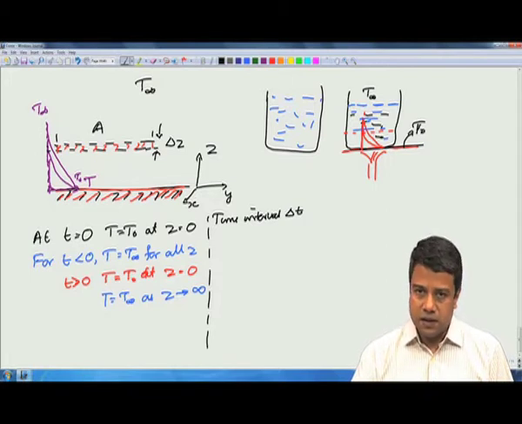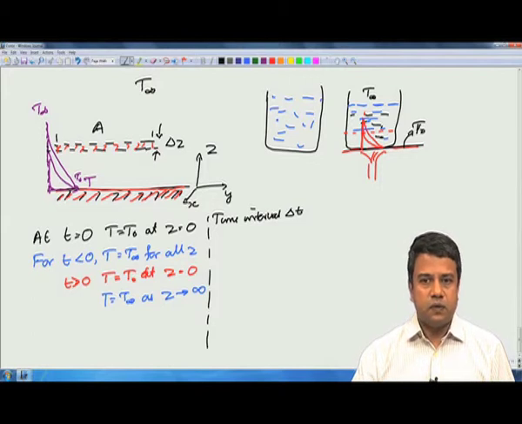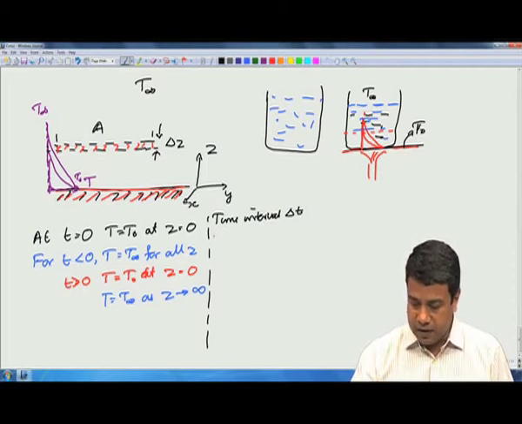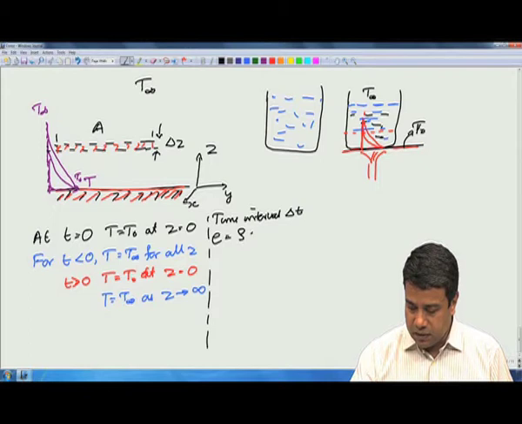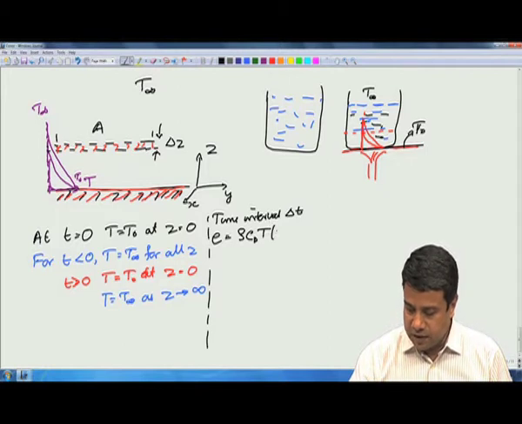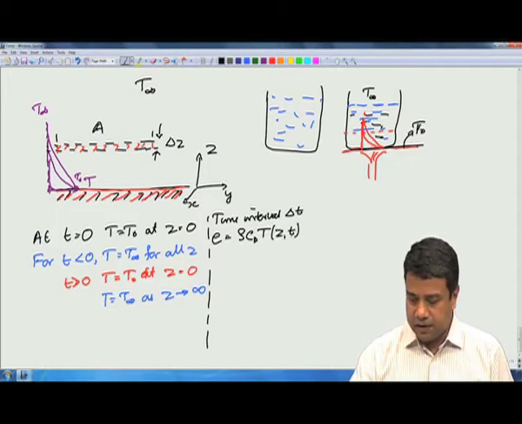If we assume that it is a constant pressure process, that is, it is open to the atmosphere, then the energy per unit volume, E, is equal to rho Cp times T at the height z and the time t.